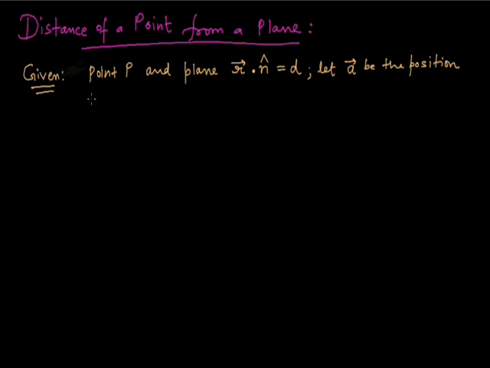Let a vector be the position vector of point P. So we are given the position vector of point P and the plane whose equation is r vector dot n cap equals d. Now we need to find the distance of this point from the plane.